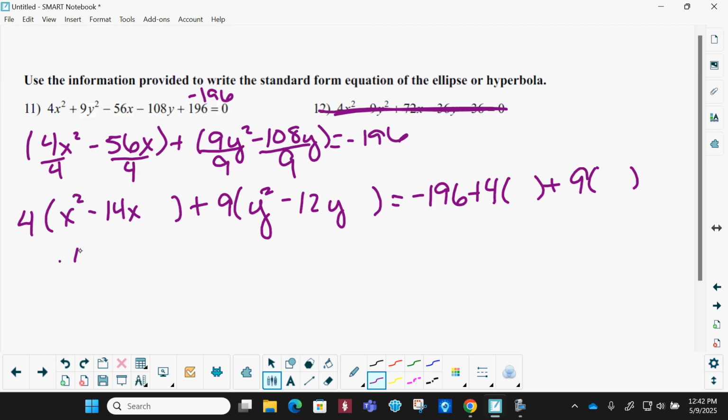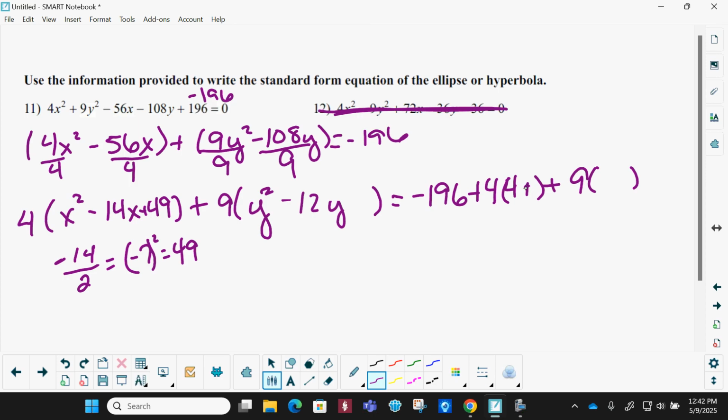Uh-oh. For some reason, we're lagging. That's a negative. Divide by 2, we get negative 7 squared. We get 49. So 49 here and 49 here.